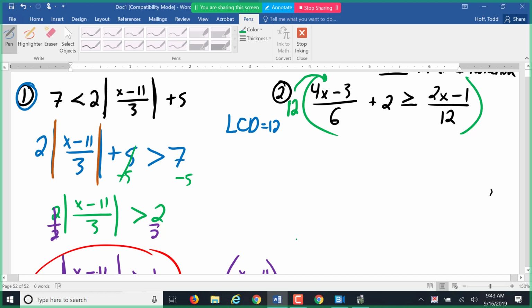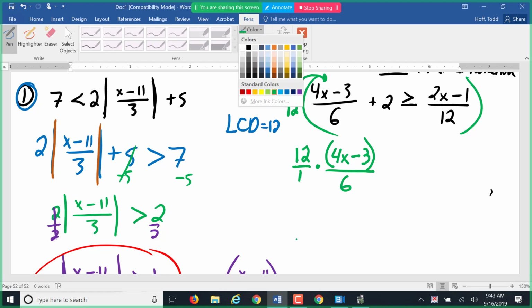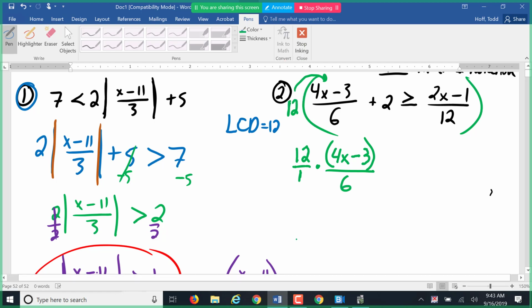So I'm going to do 12 times the (4x minus 3) over 6. I'm going to write it as 12 over 1 times, and put the 4x minus 3 on top in parentheses, over 6. Now when we multiply that out, I am going to cross cancel the 6 and the 12.